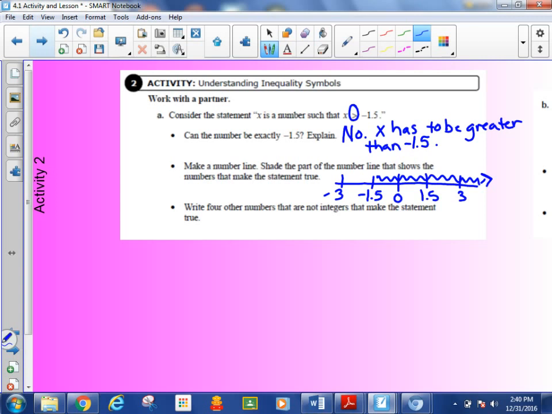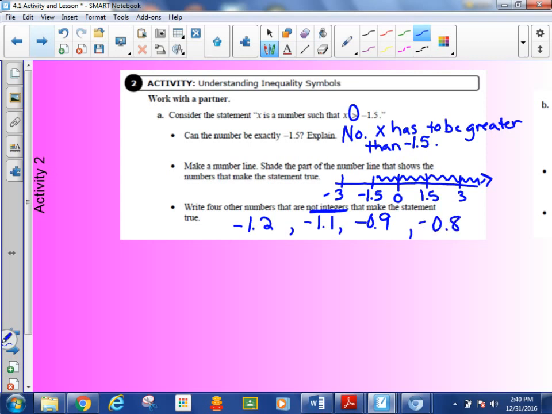It says write 4 other numbers that are not integers that make the statement true. So not integers is the key thing there. Integers are going to be whole numbers or negative whole numbers. Okay, so we can't use the 3 there, but we can use any decimal. So numbers that are greater than negative 1.5: negative 1.2, negative 1.1, negative 0.9, negative 0.8.